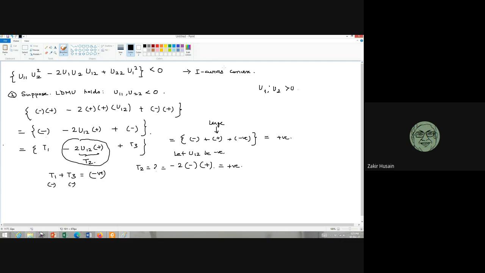They cannot be convex to the origin. They are violating the definition of convexity. Okay. So what I've shown over here is this is the important part.